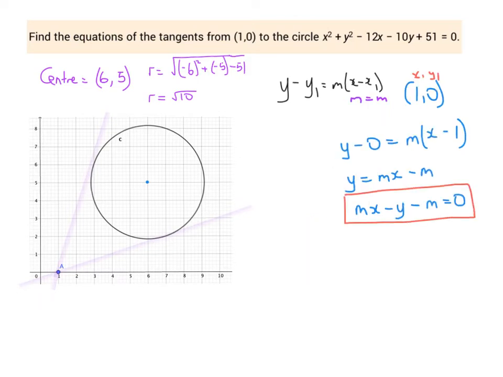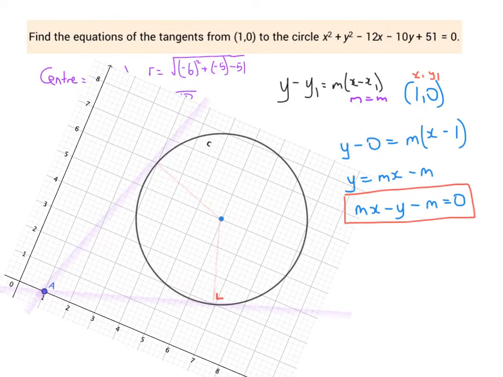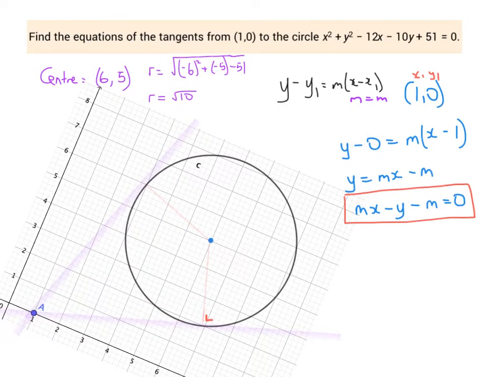So our next step is that we want to solve for m to give us our possible equations of the tangents. So what we do know is that any time we have a tangent line, the perpendicular distance from it to the centre of the circle is equal to the radius. And at the very beginning, we also got the radius here. So we can use our perpendicular distance formula to solve for m, giving us our two equations of our tangents.